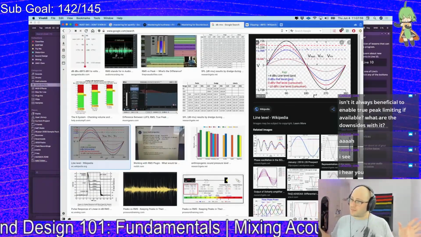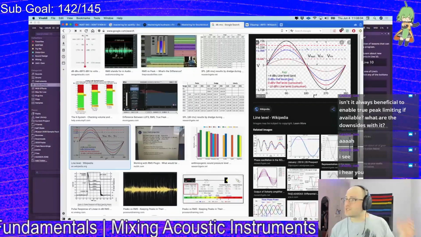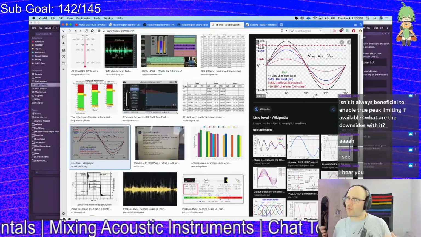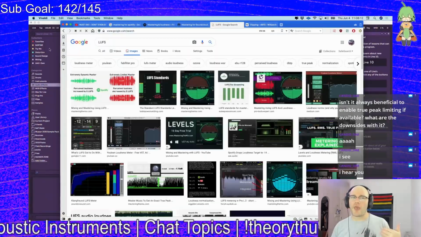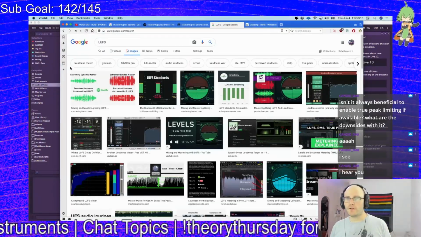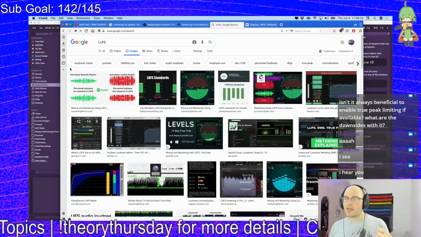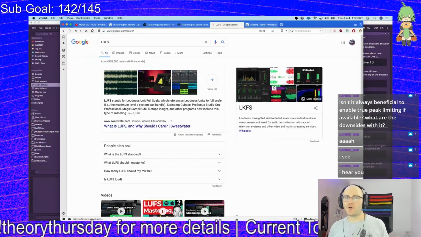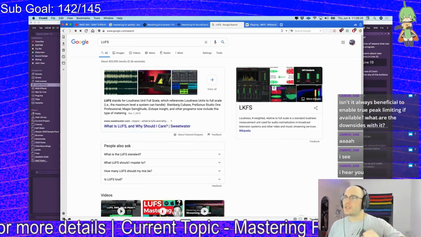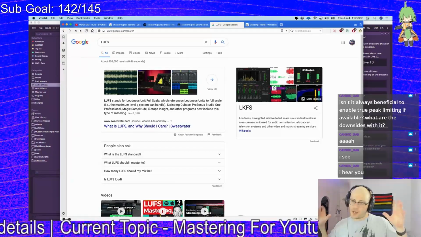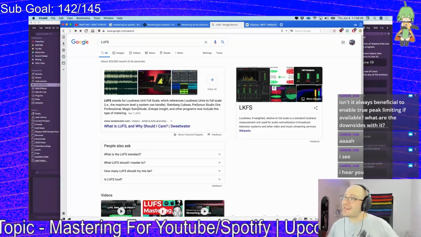True peak, RMS, peak versus RMS, dBFS, dBVU, dBSPL, all of these things are relative. So we decided to try and come up with a new way of measuring loudness. And the way that we decided to do that is through something called loudness units full scale, which is just a way of measuring a conceptual maximum loudness for any system.